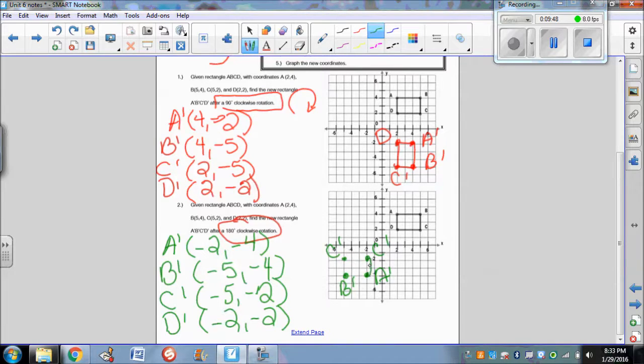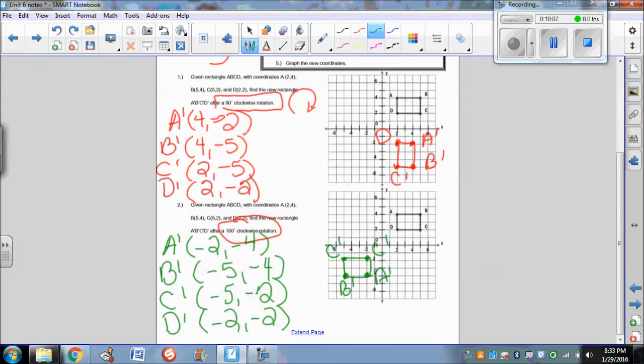Okay, connect. You should be using a straight edge. Does that rectangle now look like it has been turned a half turn, or 180-degree rotation clockwise? All right, go ahead, flip the page.